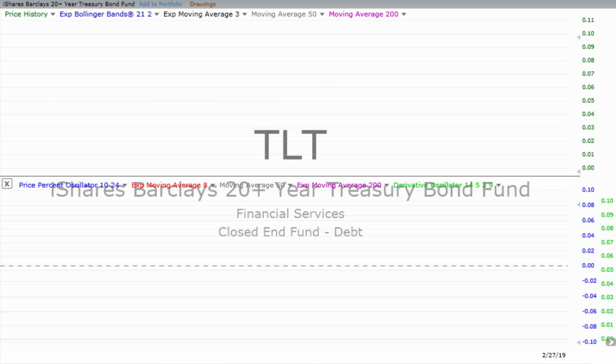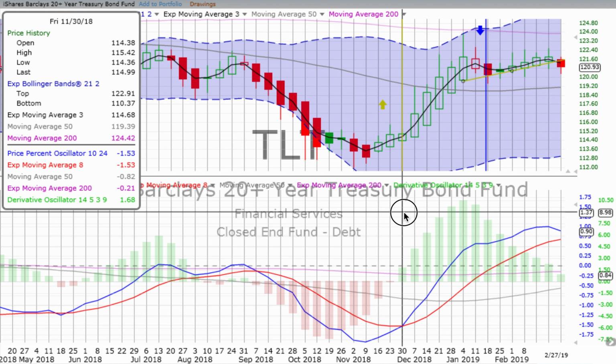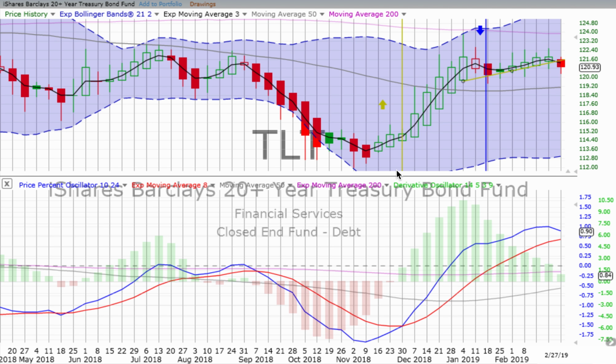Almost done. We see on 20-year bonds, they're down the most, down 1.13% for the day. And so far, we have a weak week that is forming. We see that the price percent oscillator is heading down, derivative oscillator continuing to lose upward momentum after 4 or 5 weeks of up movement. Remember, we had a weekly vertical crossover all the way back on the week ending the 30th of November last year.